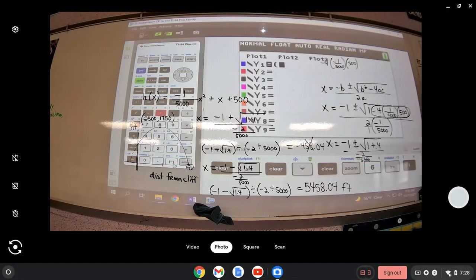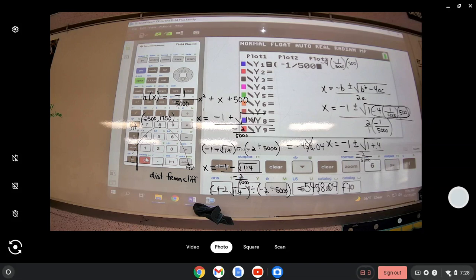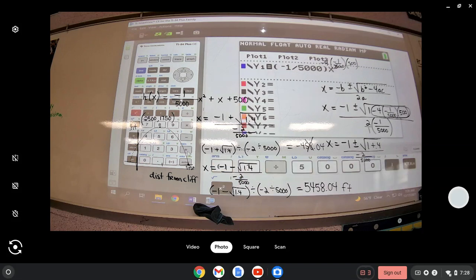When I plug it in, I do -1 divided by 5,000 in parentheses, that leading coefficient. Like I said, fractions, I always have a tendency to put them in parentheses. X squared plus x and plus 500.